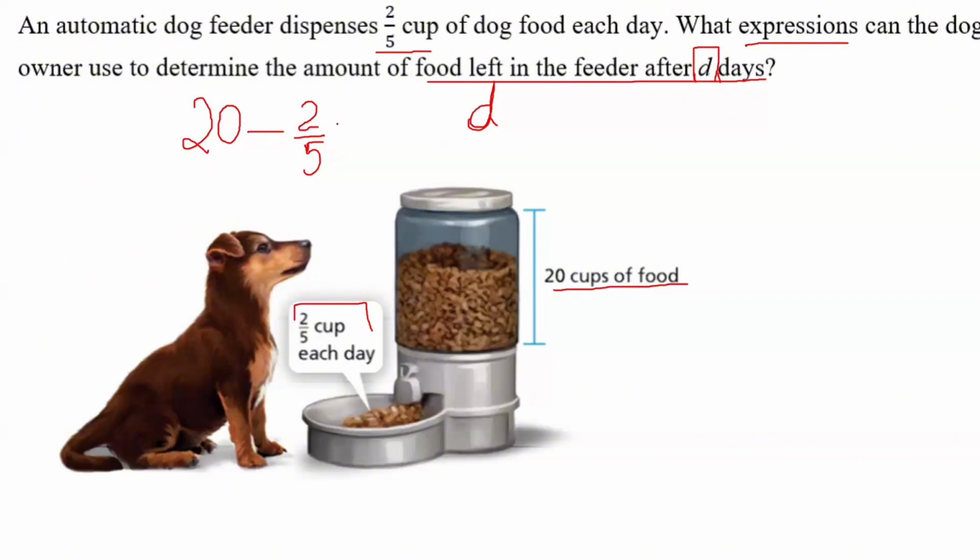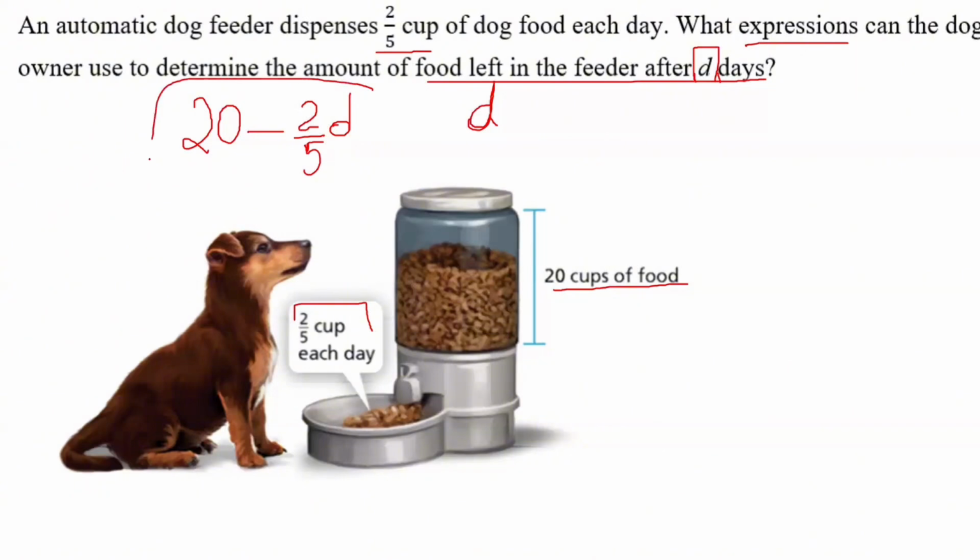However, we do not know the amount that is left after a number of days. So we are going to use D, as we said earlier in the problem, to represent those days. Whatever the days are, you will multiply by how much it dispenses each day and subtract it from what was there before.